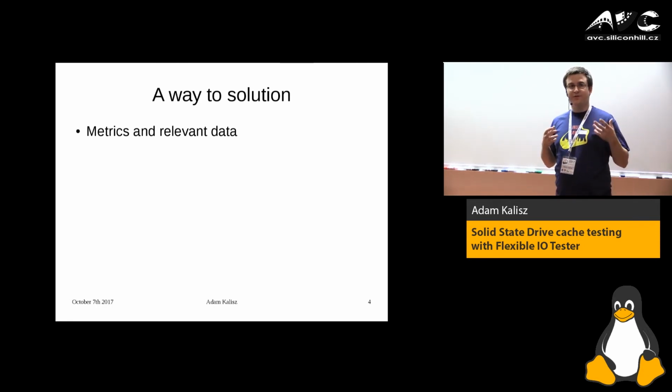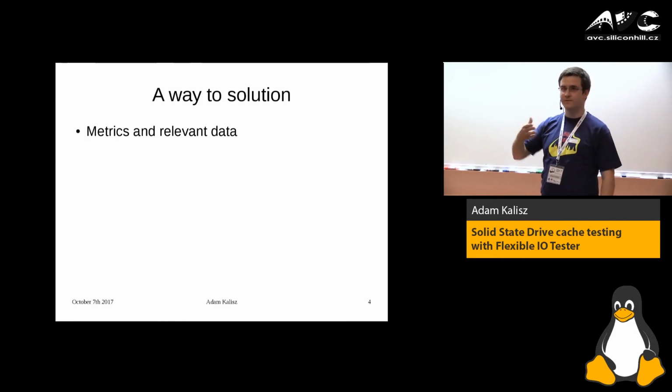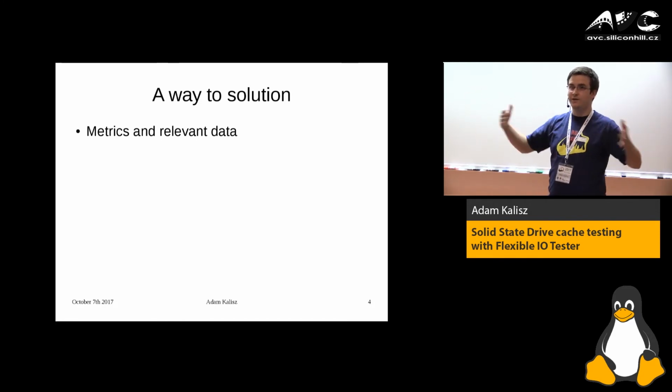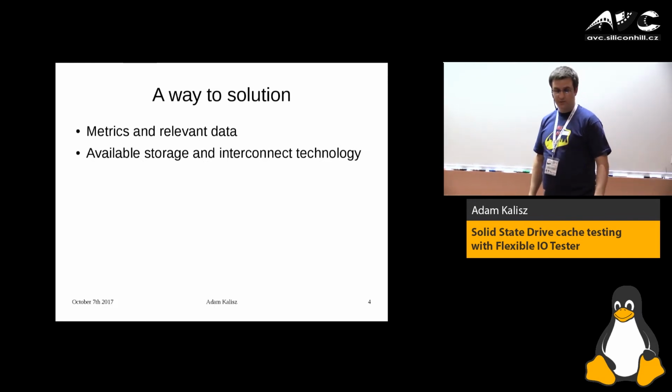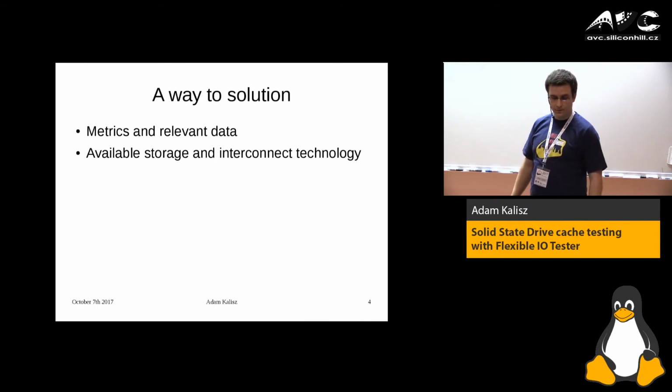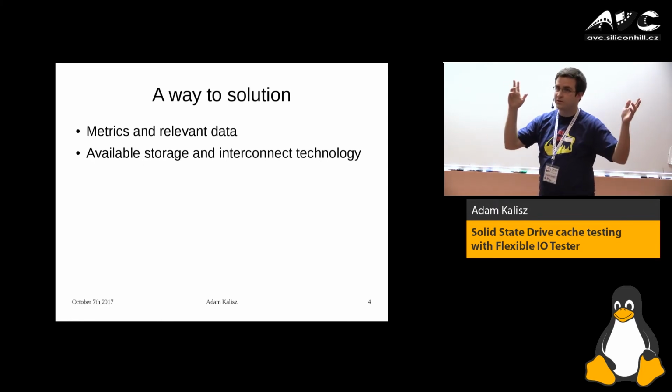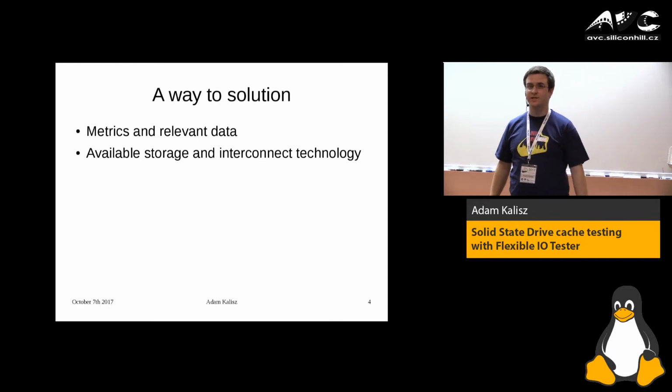So I would like to present you a way to a solution, how you actually approach the problem of planning a storage and then sketching all needed things out. You should plan your metrics first and get the relevant data of the current system or the specification you need. Then you should look out for the storage you might actually be able to buy or construct. The interconnect technology: some people use fiber channel, and some people use iSCSI over Ethernet.